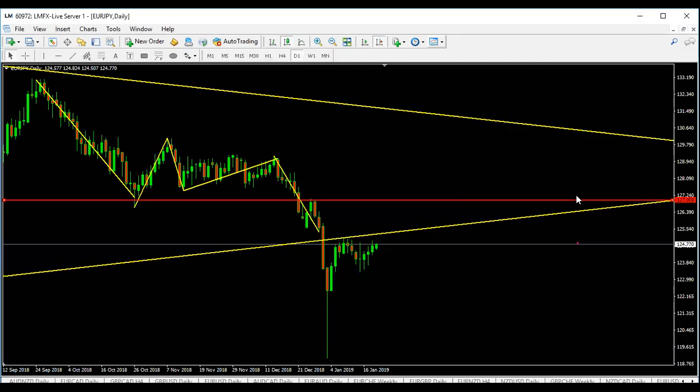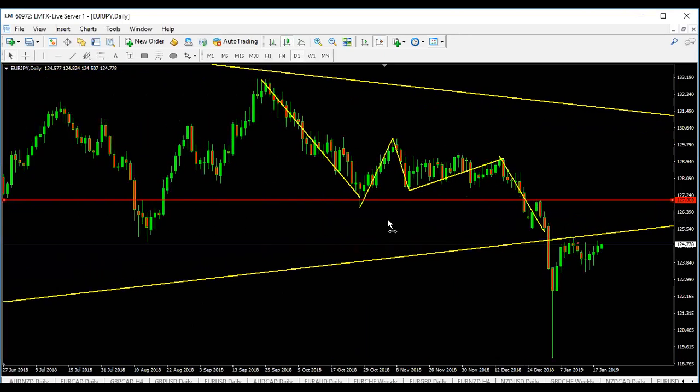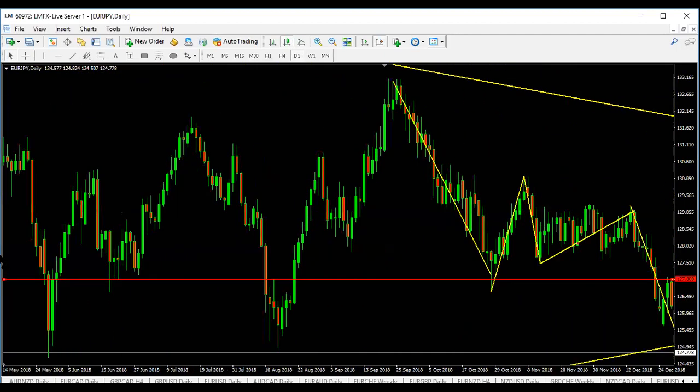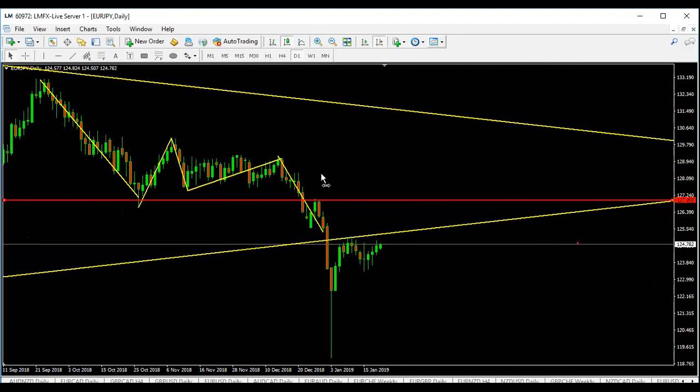Because the more confluence you have on your chart as other traders around the world have, the more likely your trade is to go in that direction. So whole numbers are huge psychological points for traders. You can see 127000 has served as support here, resistance here, and I'm sure if we go back, resistance, support. So that's another thing to look for when you're trading: whole numbers.